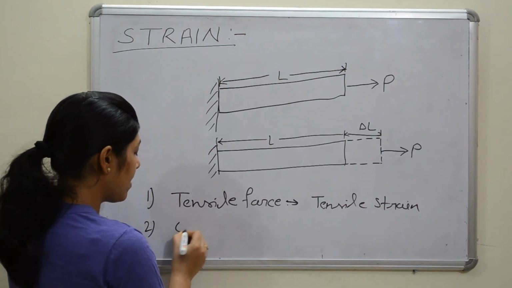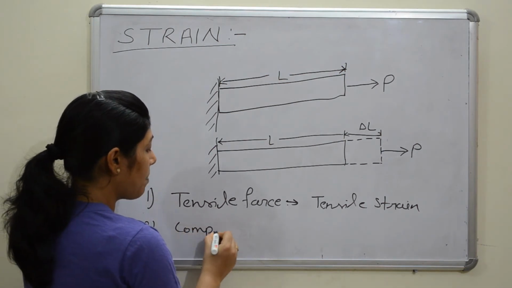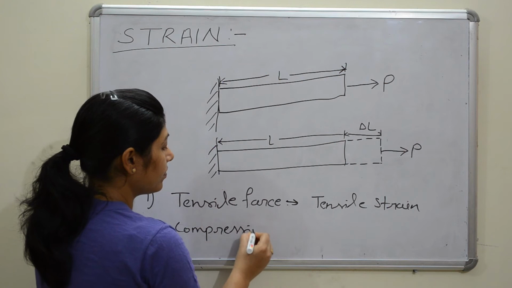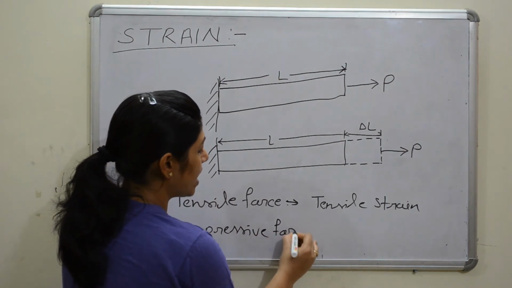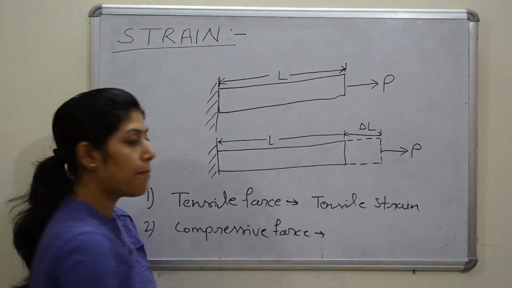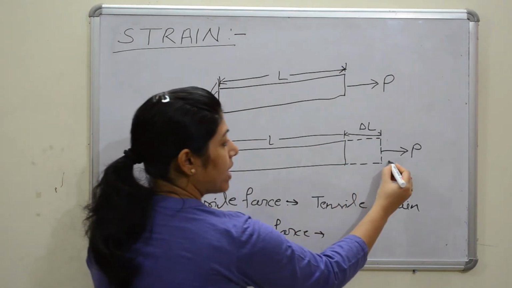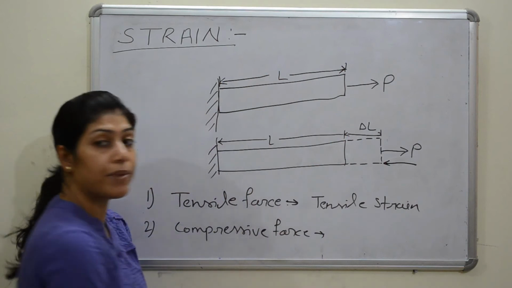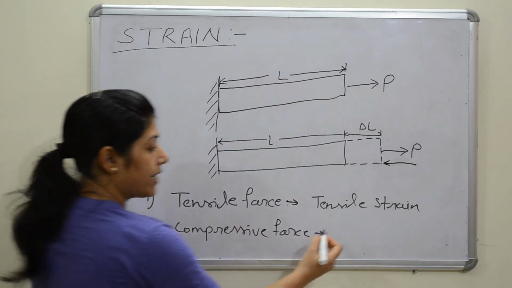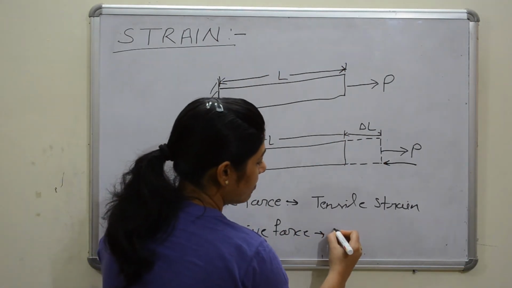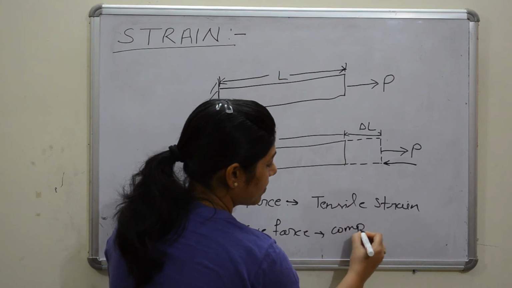Second condition, if I am considering compressive loading or compressive force, in that condition it will compress the material, or compress the prismatic bar. So in that condition the strain developed is called compressive strain.